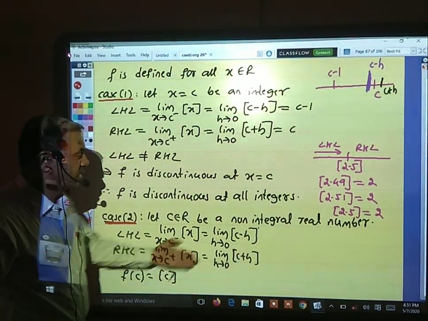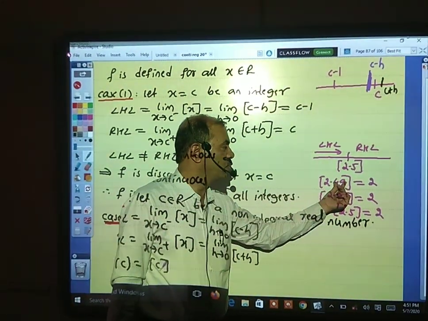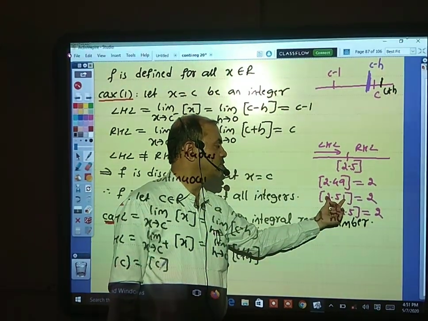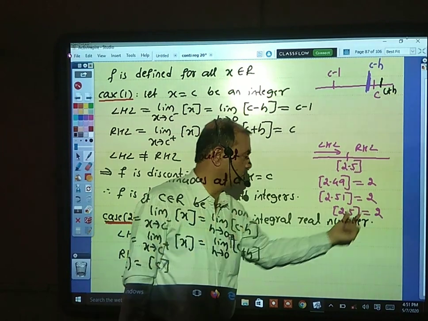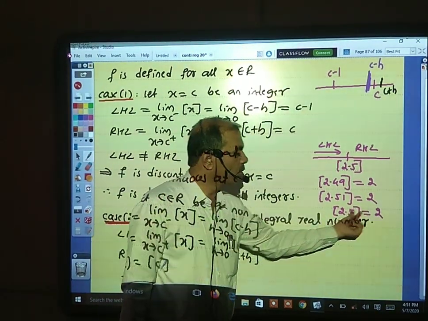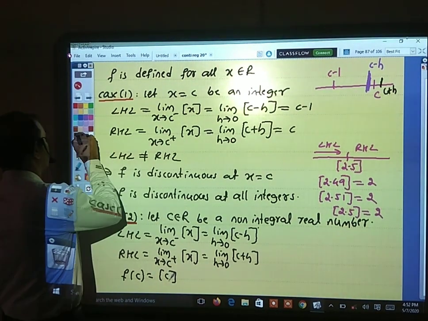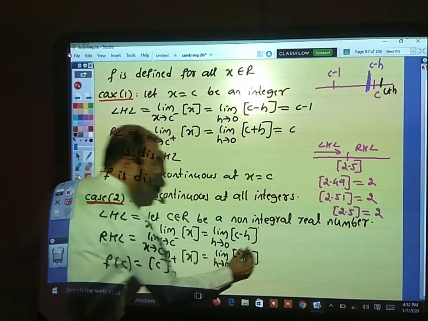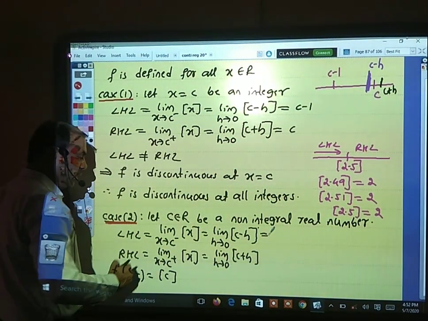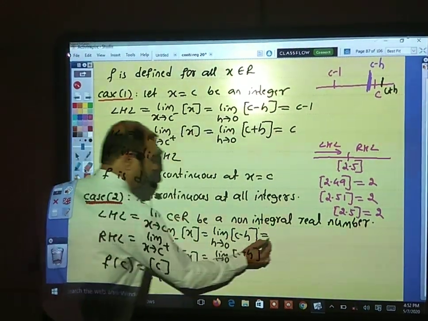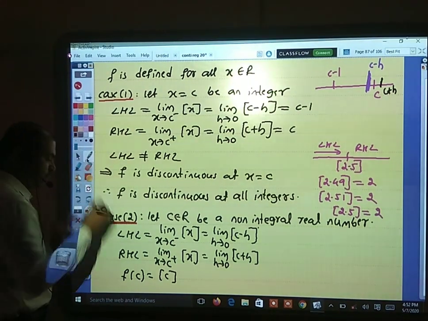See, it is like this. Greatest integer of 2.49, that is 2. Greatest integer of 2.51, that is also 2. Greatest integer of 2.5, that is also 2. So greatest integer of c minus h and greatest integer of c plus h are also equal to greatest integer of c.